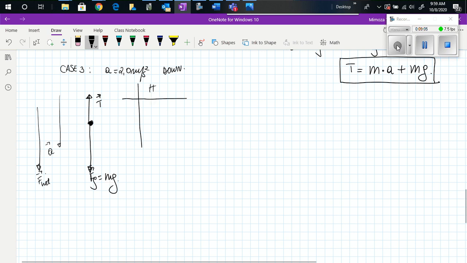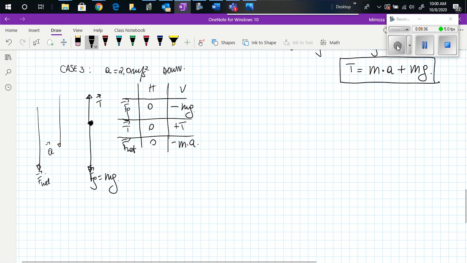Now let's do the table of components. So we have horizontal, vertical, force of gravity, tension, force net: 0, 0, 0, because in the horizontal it is not moving. And on the vertical, what we will have is negative mg, because it's the opposite of the positive vertical axis, positive T, and here, since the object is going down, negative mass times acceleration.